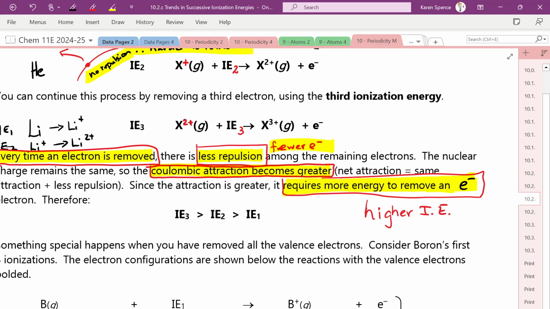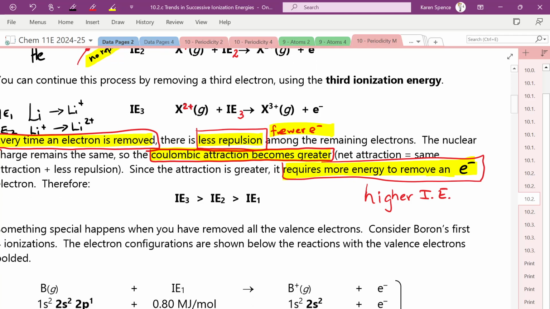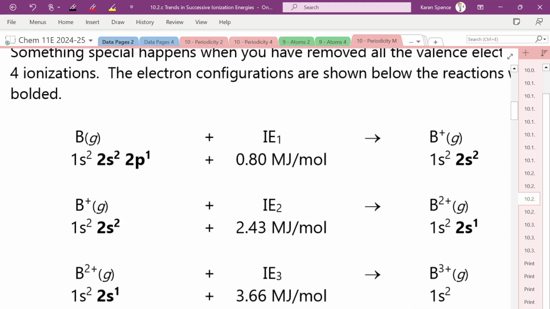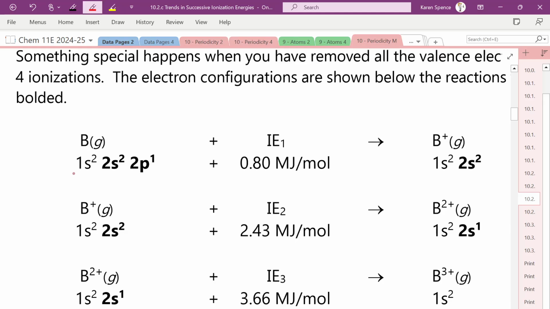Now, something special happens once you've gotten rid of all of the valence electrons, all the electrons in the valence shell. So here is boron. Okay, boron, we have our core. And we remove the 2p1 electron.